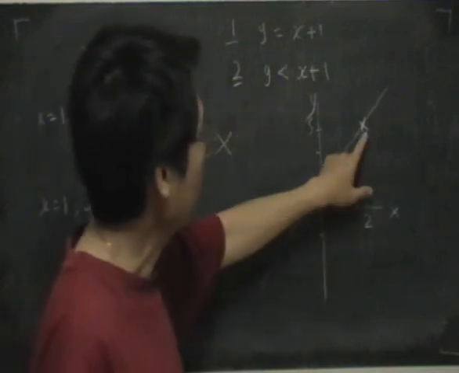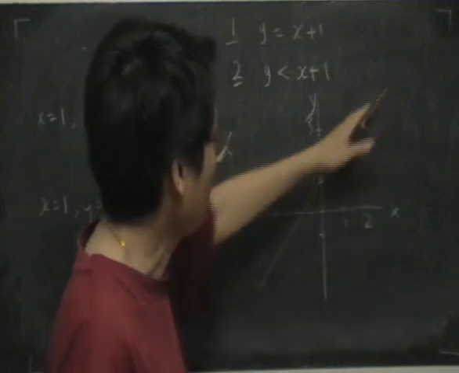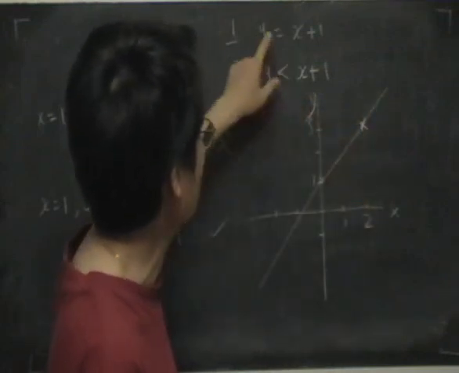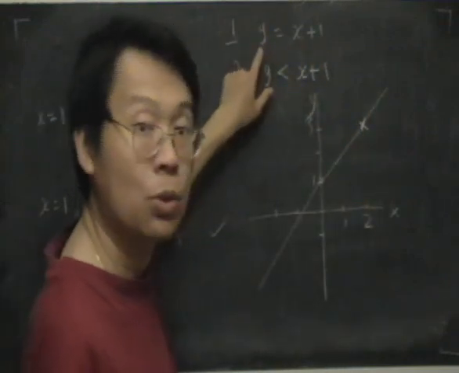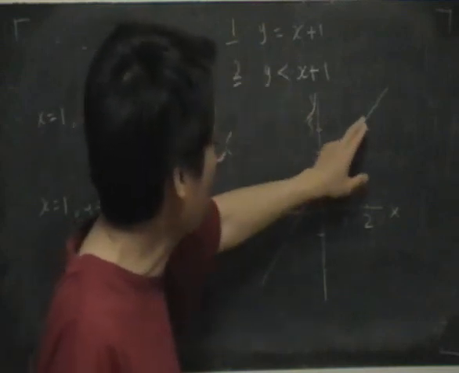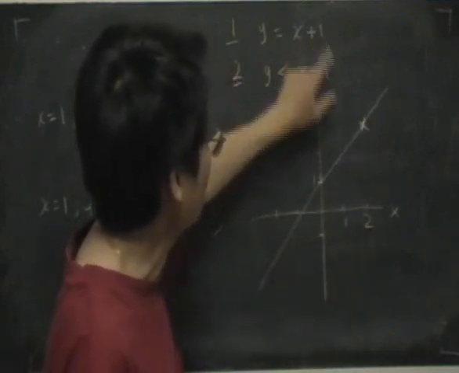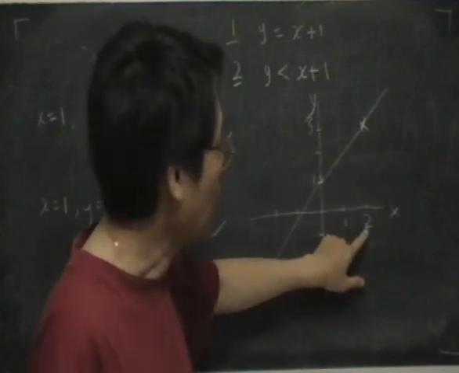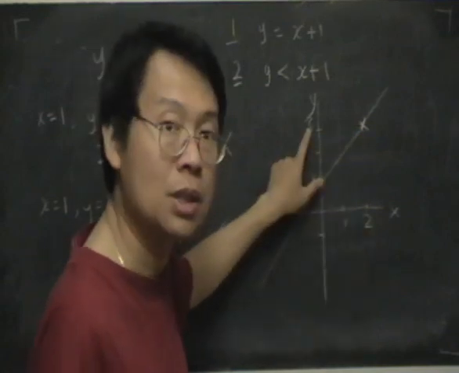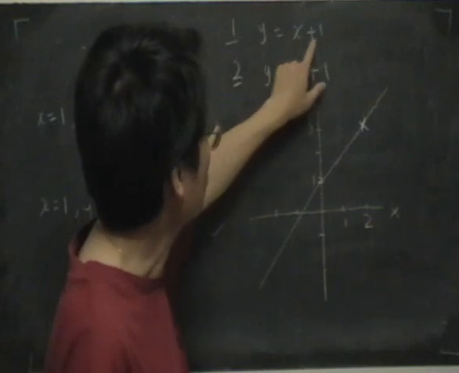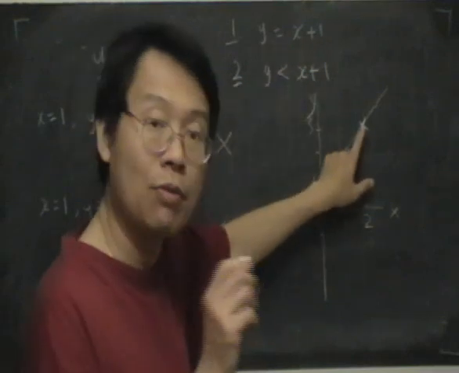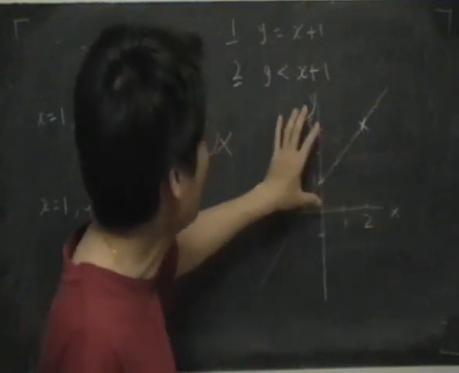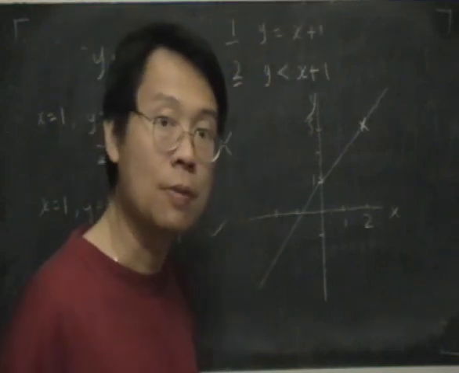This is a point on the straight line, so it satisfies this equation. On this point, y is equal to x plus 1 because y is 3 and x is 2. So 2 plus 1 is 3. If I have a point on the line, it satisfies this equation.